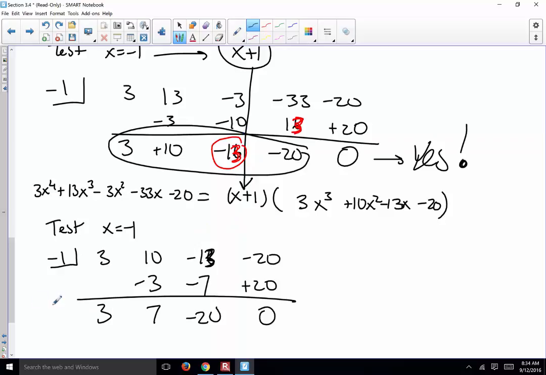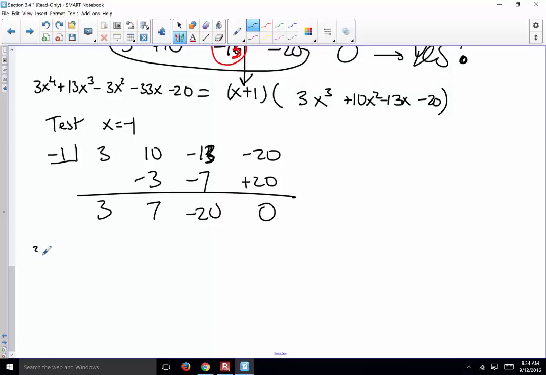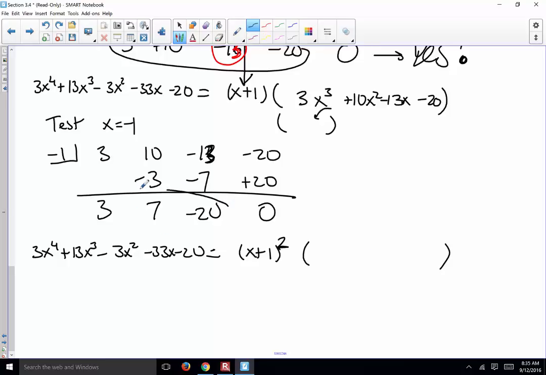In other words, my polynomial has a 0 with multiplicity 2. That means x plus 1 showed up one more time for this piece, so they become a square. And what is the leftover piece? 3x squared plus 7x minus 20.